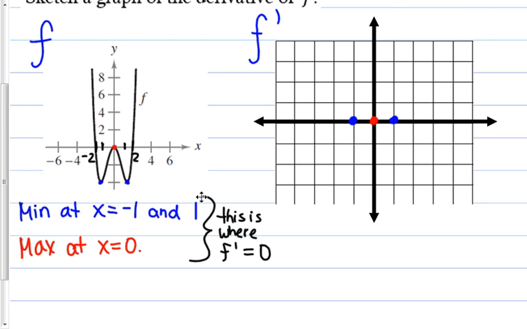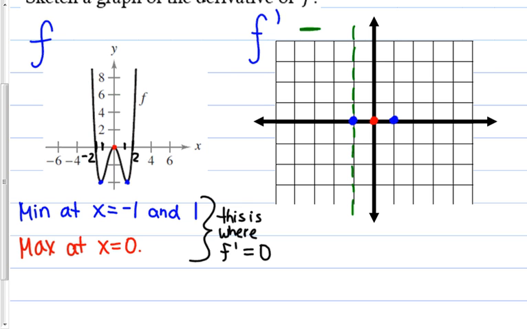So that means on my f prime, to the left of -1, let me split these up, to the left of -1, this function is not going to be decreasing. Decreasing goes with negative.